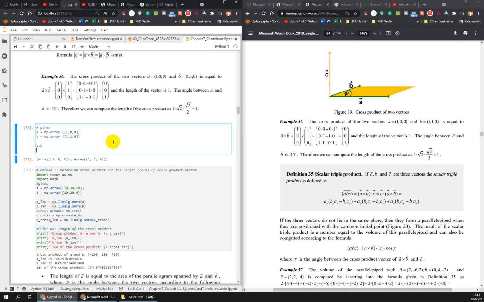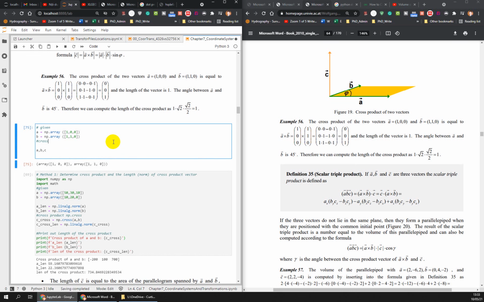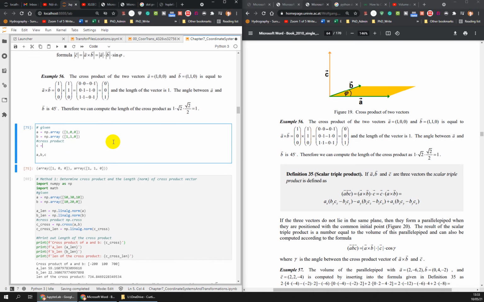So for example, we have here C as the cross product. The cross product can be determined using NumPy.